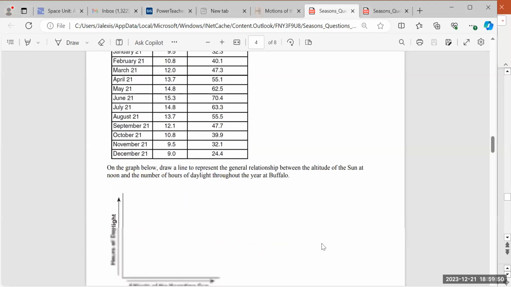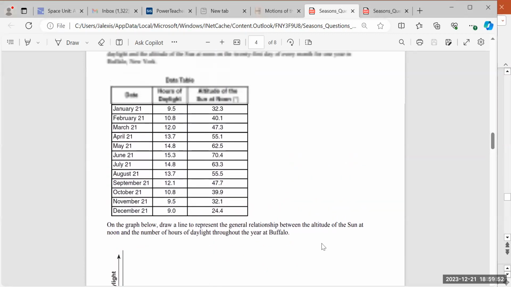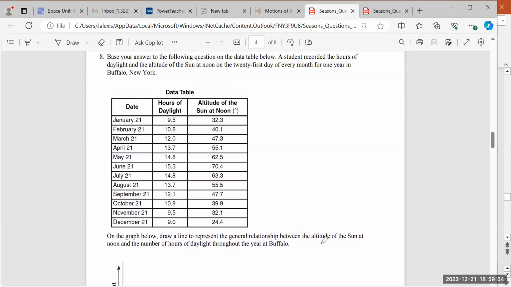Okay? So I need to know what is the pattern. When there's a relationship question, we need to know the pattern. There's a pattern between what? Between the hours of daylight and the altitude of the sun at noon, right here. What is the relationship between these two?